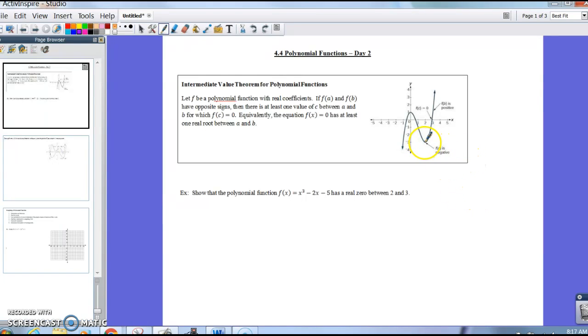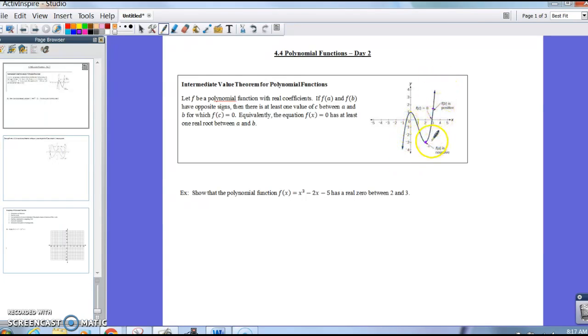But it's saying this, if f of a is right here and f of b is right here, I'm changing signs to get from f of a to f of b, right? F of a is negative, f of b is positive. Because it's a polynomial function, that means it's continuous. We talked about that yesterday as well. It's a nice smooth curve.